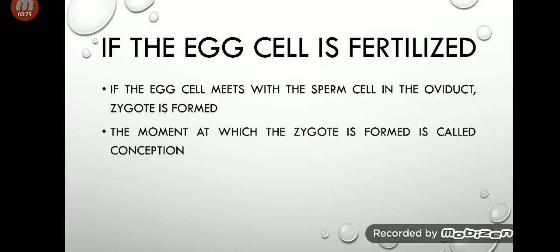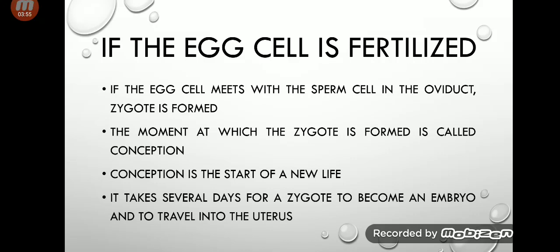The moment at which the zygote is formed is called conception. Conception is the start of a new life. How? First the woman will conceive, then she will become pregnant, and then she will give birth to a new baby. So conception is the start of a new life.